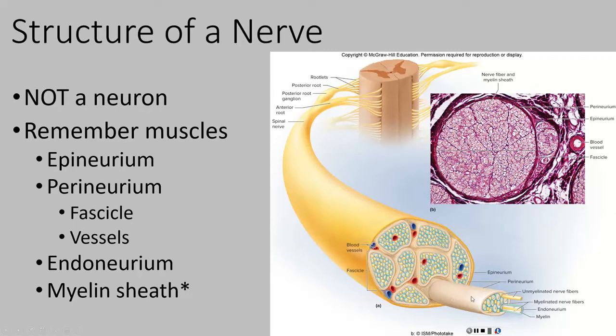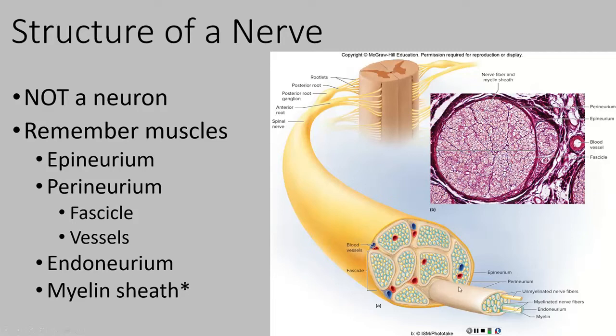One of them is pulled forward here, and this is called a fascicle. Each of these bundles is called a fascicle, exactly like we saw inside of a muscle cell. So these are fascicles. And then inside of these fascicles and between the fascicles, we see blood vessels.